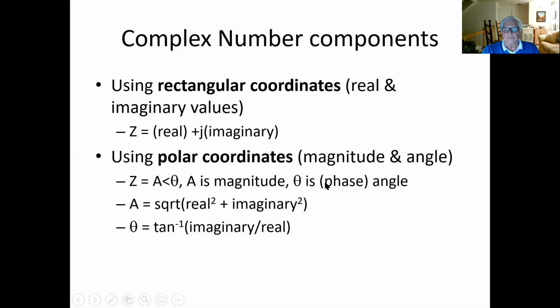The angle theta is a phase angle. The magnitude A is the square root of the real squared plus the imaginary squared. Theta is determined from the arctangent of the imaginary portion divided by the real portion. Okay, those are all the rules we need.